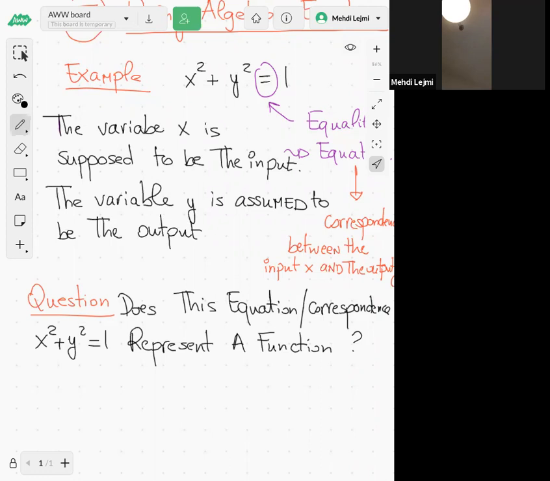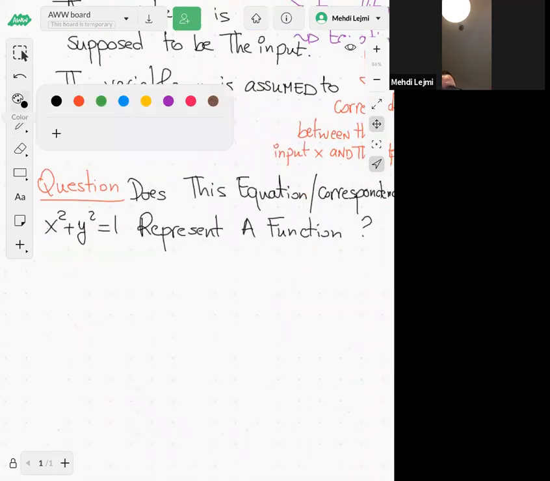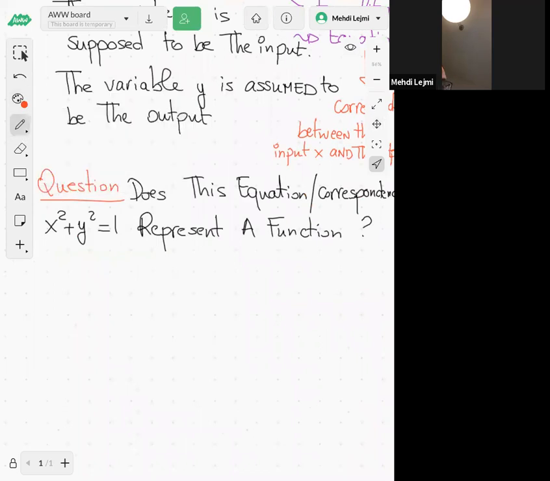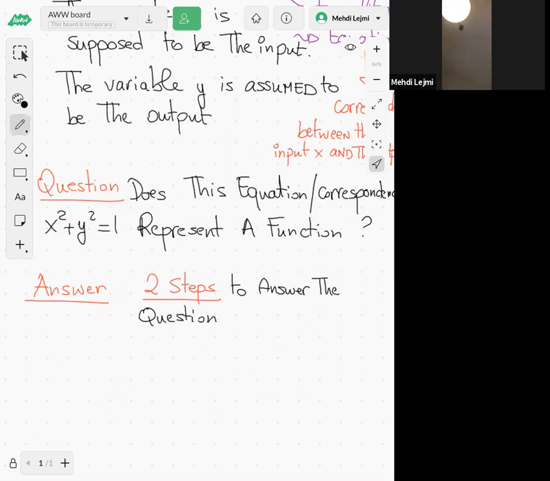To answer this question, we're gonna have two steps. In the first step, you have to try to solve for y.